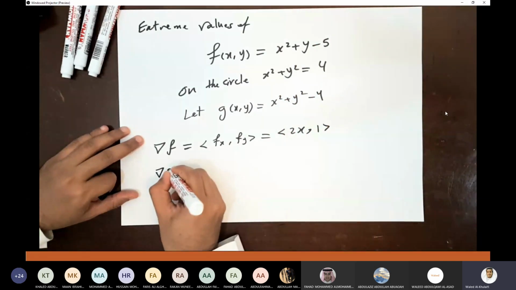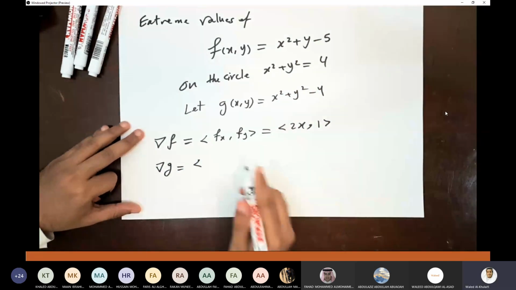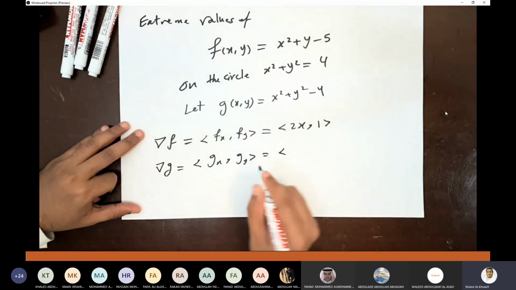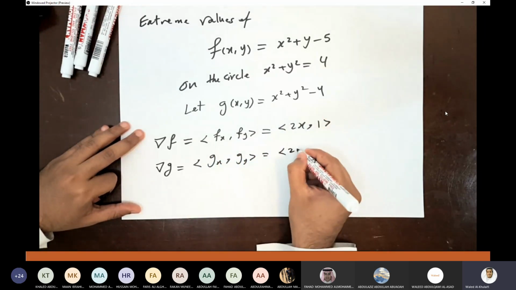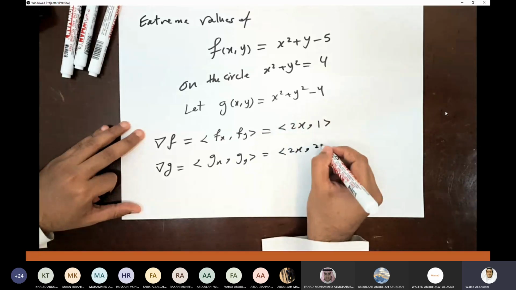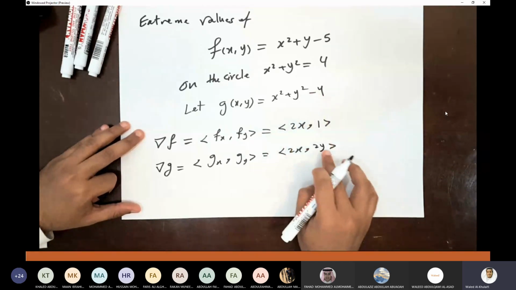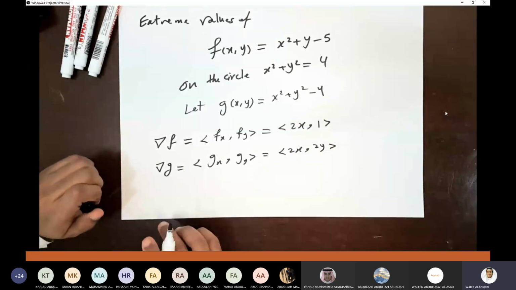Now gradient g: the derivative of g with respect to x is 2x, and with respect to y is 2y. You see now that the constant, if you did put it, has no effect on this calculation.